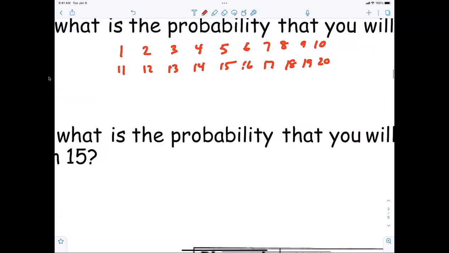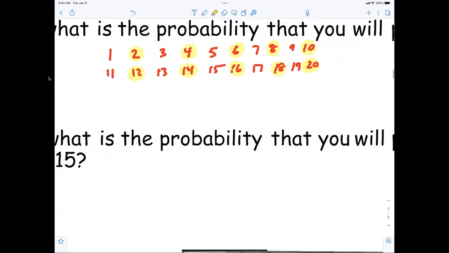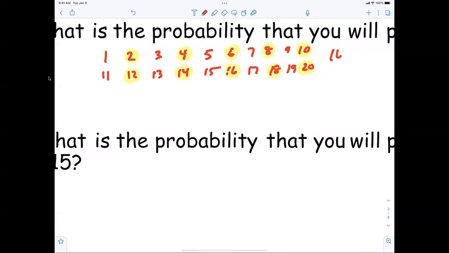So I take out my handy dandy highlighter and I say, okay, how many of them are even? I'm counting them. There's no reason to argue. So far I counted 1, 2, 3, 4, 5, 6, 7, 8, 9. There's 10 that are even. So 10 out of 20 so far, right?